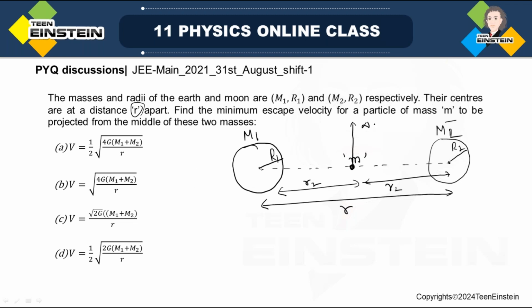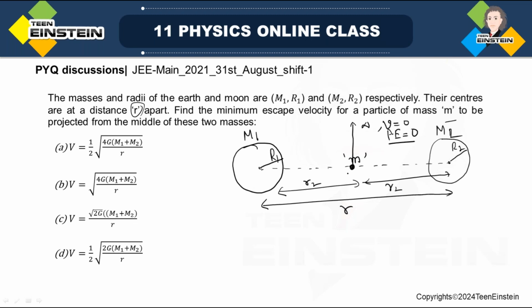When an object is given escape velocity, it will go to infinity, and at infinity the velocity will be zero and the potential energy will also be zero. So kinetic energy plus potential energy both will be zero at infinity.